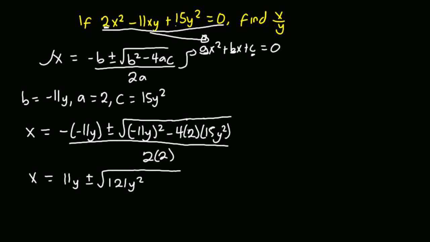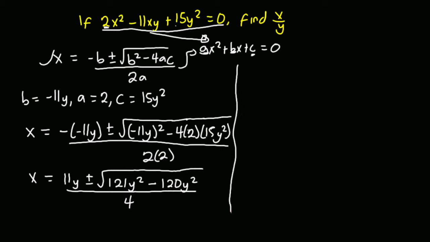Negative 11 times negative 11 is 121. Then we have our y squared. Then this minus, we have negative 4 times 2, which gives us 8. 8 times 15y squared will give us 120y squared. Then all these divided by 4.